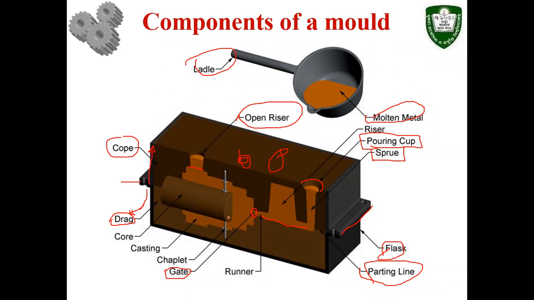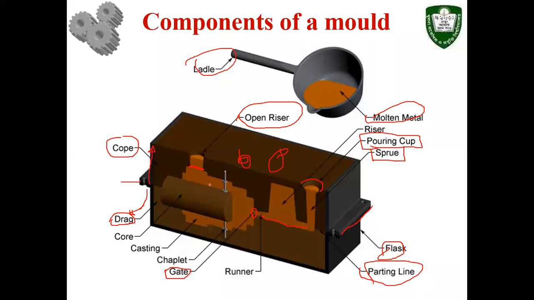Can anyone say? Is there any way that air can get out of the cavity? Anybody listening? Yes, sir. The question is again: if this portion is blocked and there is a cavity, molten material is coming this way, what will happen with the air inside?